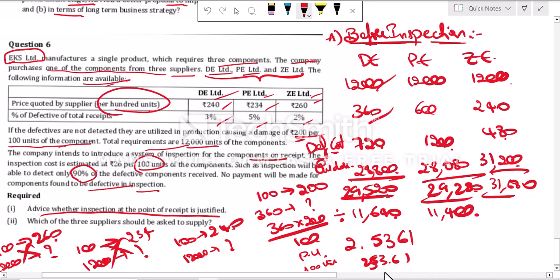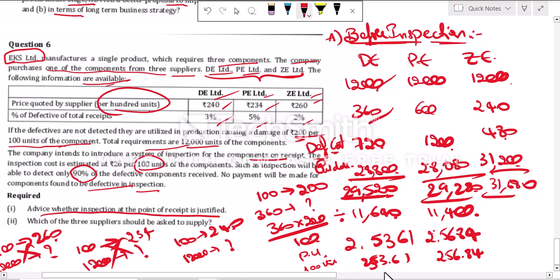So 29,280 divided by 11,400, 2.5684. For 100 units, 256.84.